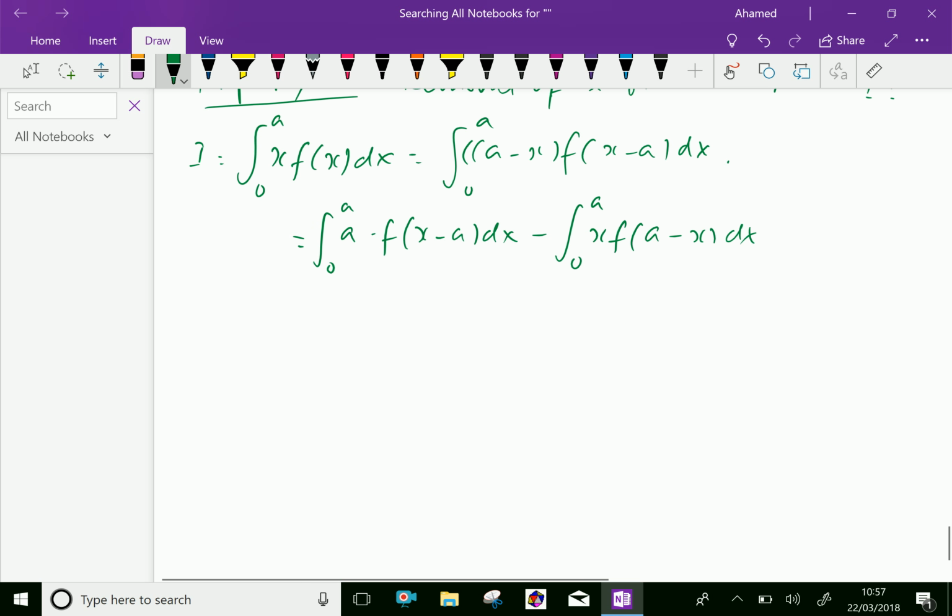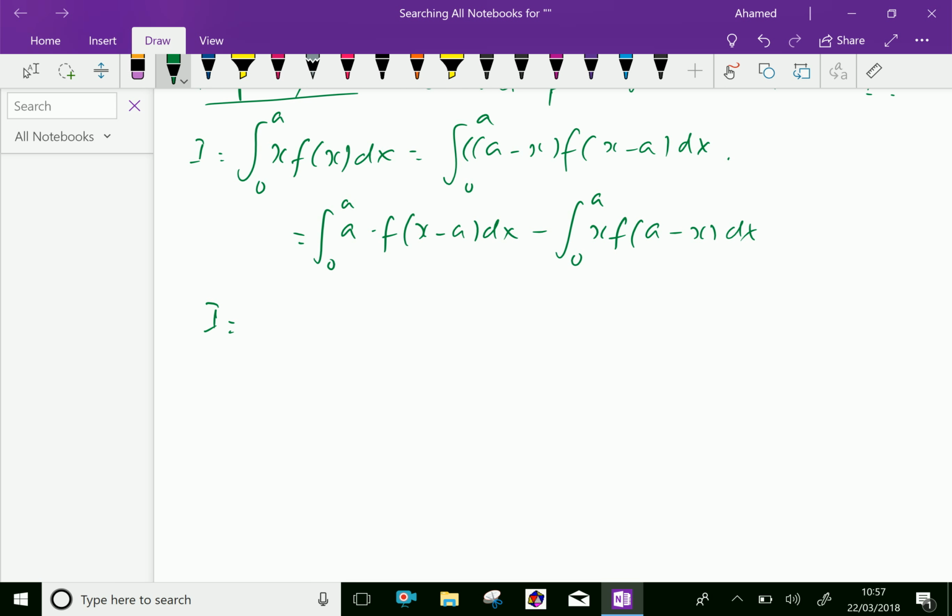Therefore we can write I equal integral 0 to a a into f of x minus a dx minus integral, same thing you are writing, integral 0 to a x into f of x dx.